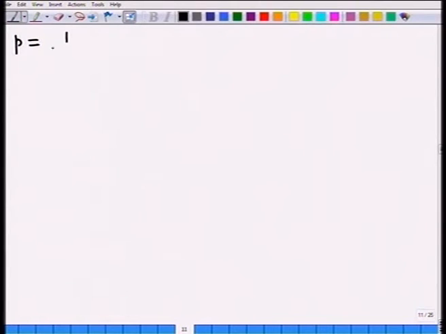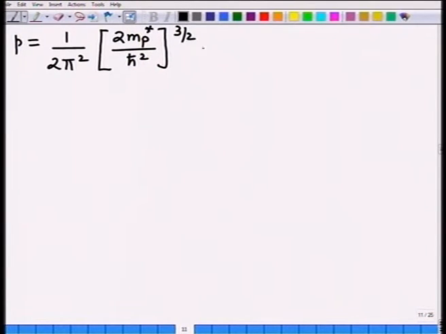This time I will skip some steps: 1 over 2 pi square, 2 m effective mass of holes by h bar square to power 3 by 2, and now I am going to integrate from minus infinity to E_V, and what I am going to integrate is 1 minus F_e.